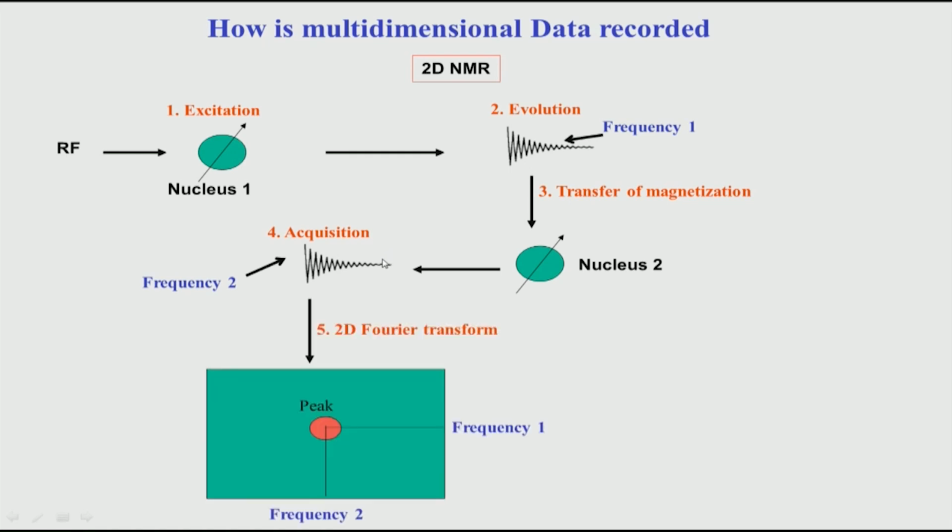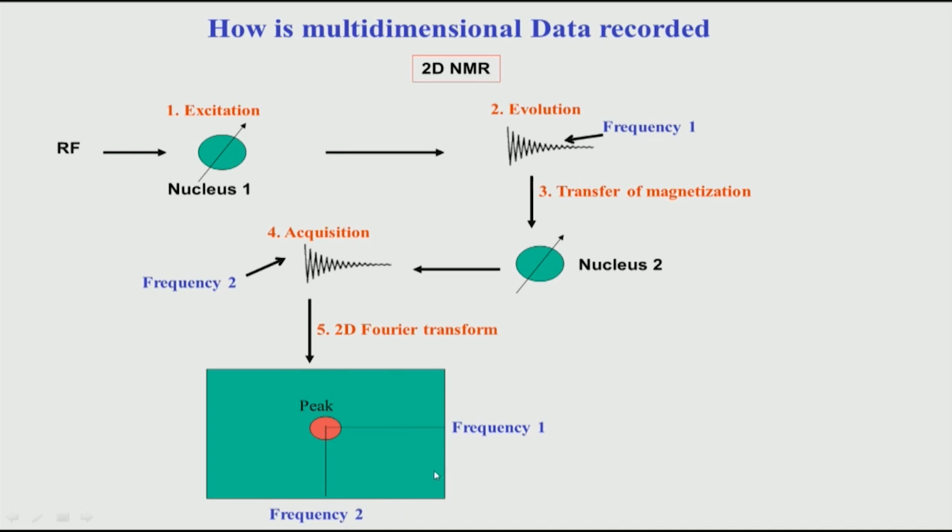So, finally, what we do is a Fourier transform of these two dimensions. Remember, these are not two different spectra, they are within the same experiment. You can call this one frequency dimension or axis, and this is another frequency, because another chemical shift is there, and that is frequency 2.